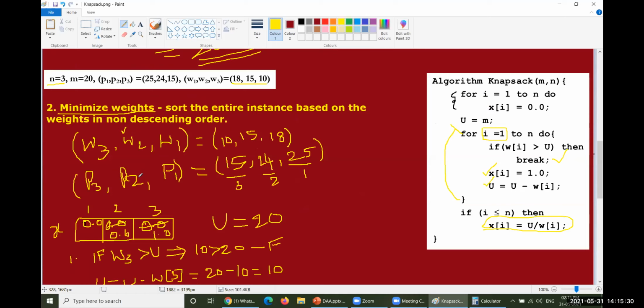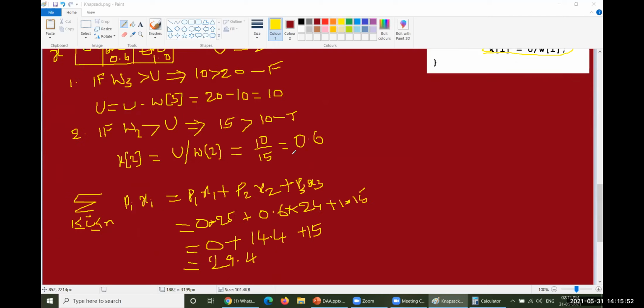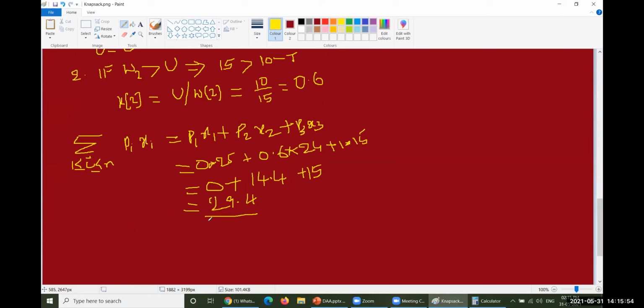Here the capacity of the bag is just 20 units, and the weights are 10, 15, and 18. Therefore, we place 10, and 60% of the second item is placed into the bag, and the third item is not supposed to be considered anymore. So we got the answer as 29.4.